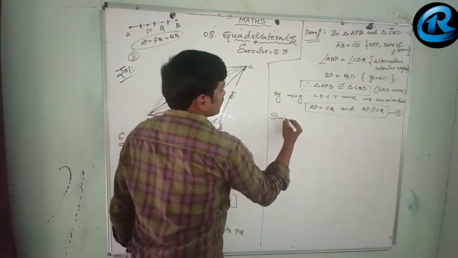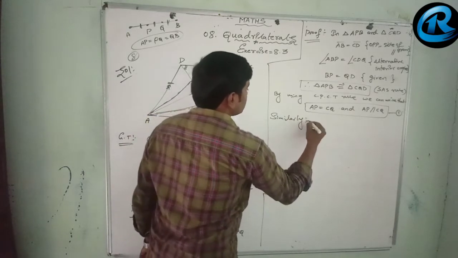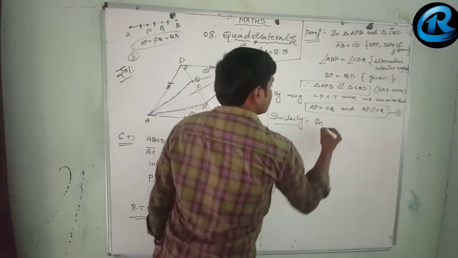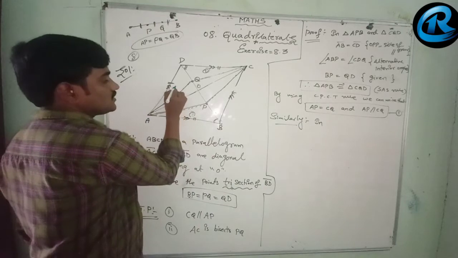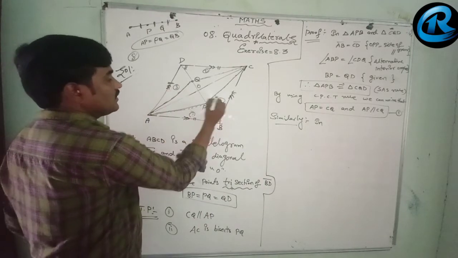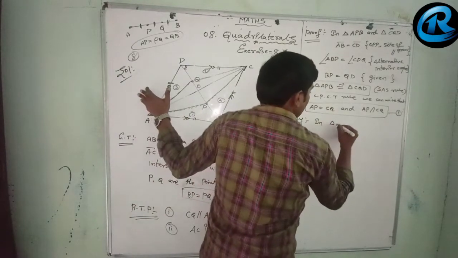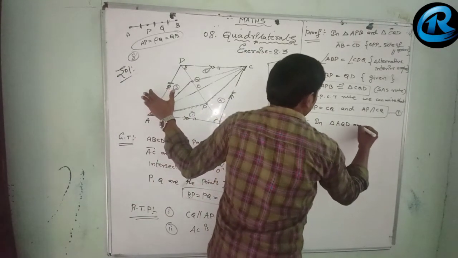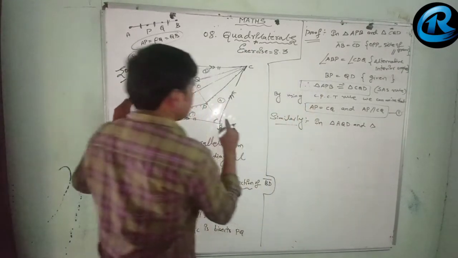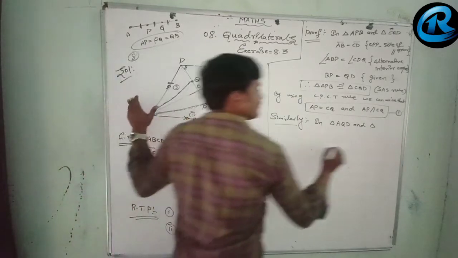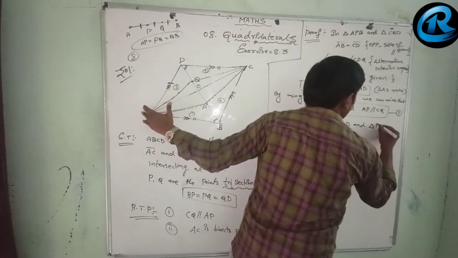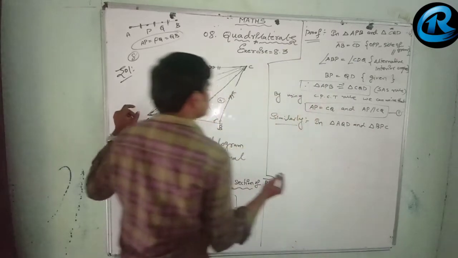Similarly, you take this as the third one and fourth one now. In triangle AQD and triangle BPC, it will be the same again.